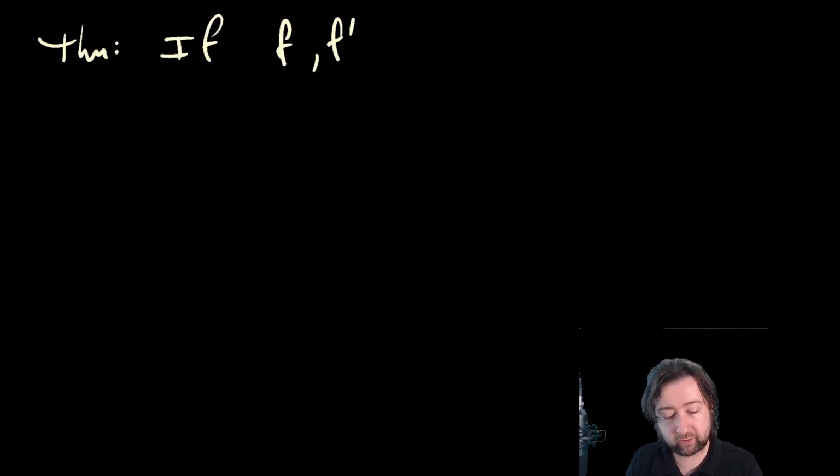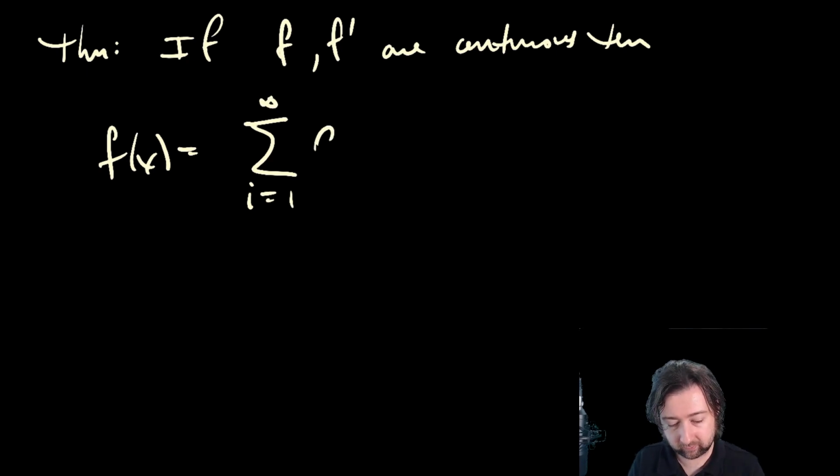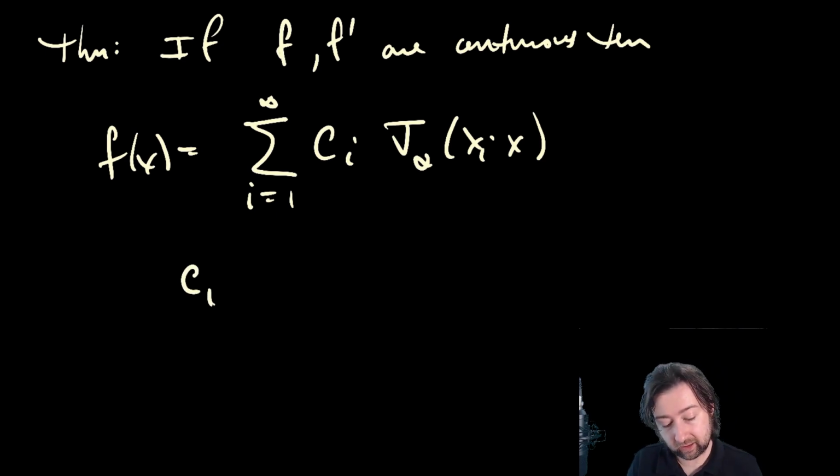So the Bessel function expansion theorem says this. If f and f prime are continuous, then f of x can be expanded as a sum of Bessel functions of the first kind, where the ci's are computed with the projection formulas.